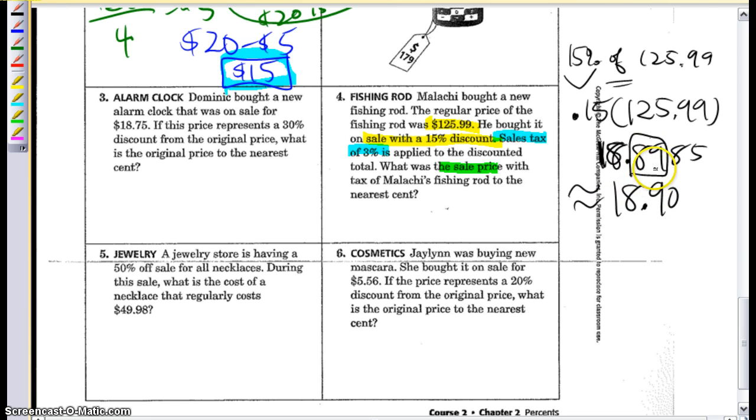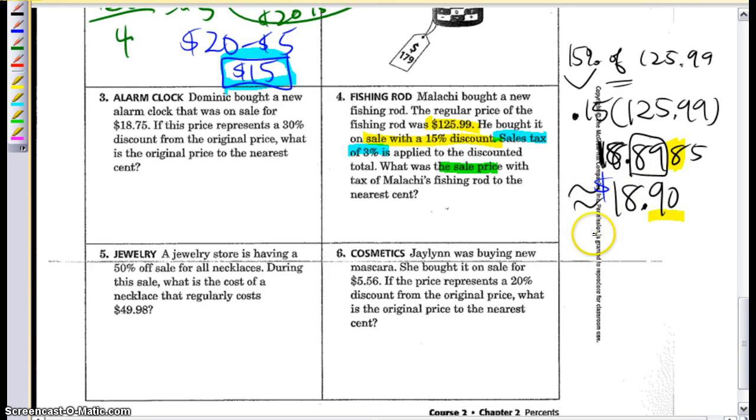I'm going to round it to 18.90. The nearest penny would either be keep it at 89 or round it up to 90. I know how to round it because I'm going to look at the number 8 on the right side of the 9, and because 8 is 5 or larger, then 89 cents has to round to 90 cents, and that's how I get $18.90. So that's how much he's going to save.